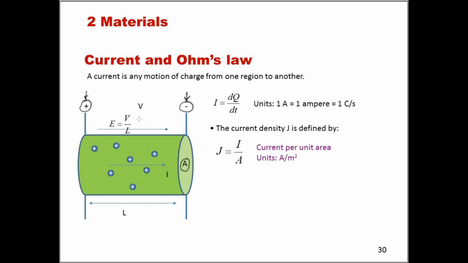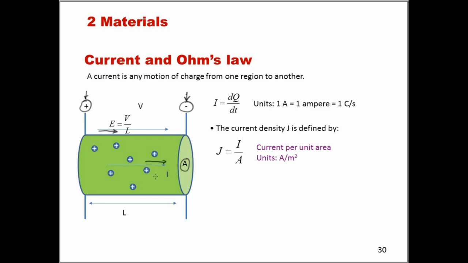This immediately creates an electric field in this direction, and the intensity of the electric field is given by V over L. And so if there are positive free charges in this piece of material, they will move in the direction shown here.